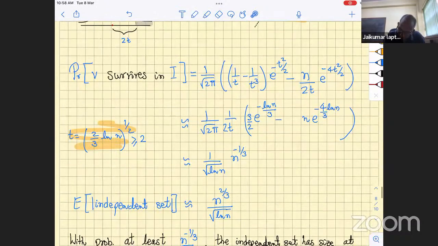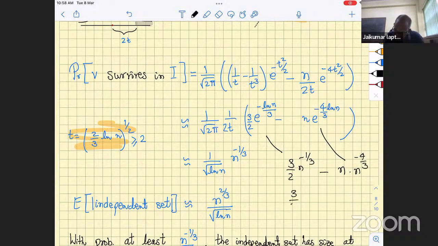This is 3/2. Let me write it down. So this quantity looks like about 3/2 n to the minus 1/3. And this quantity looks like n times n to the power minus 4/3. So this part looks like 3/2 n to the minus 1/3. And this part looks like just minus n to the minus 1/3.